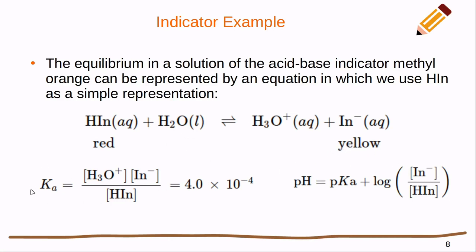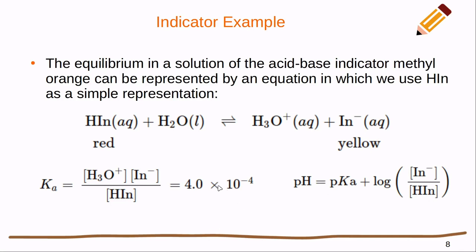If we look at this mathematically, we can have the Ka of this reaction here. It's going to be equal to 4 times 10 to the negative 4. I can plug that into the Henderson-Hasselbalch equation here, and what I will see is that when the solution's pH is above 4, so more basic than 4, that means that this guy here is dominating, so I have more of this than I do this, and I get that yellow solution.